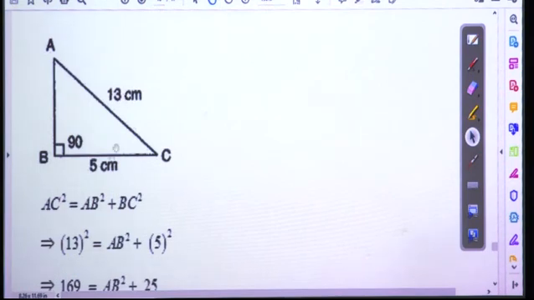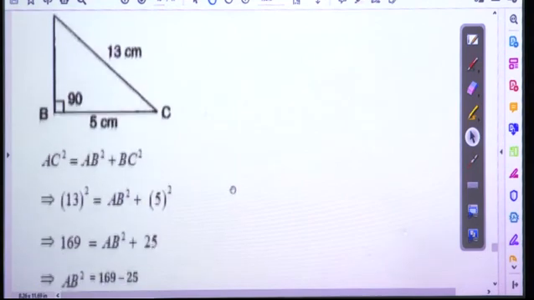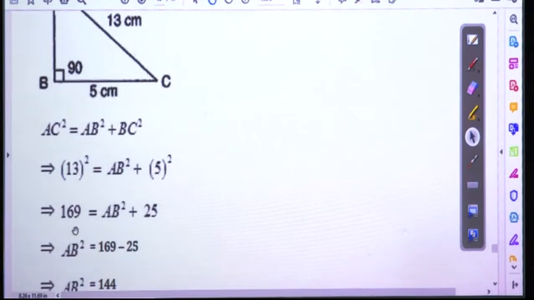So, the AC value is 13, that is 13 square we have written here, is equal to AB square, we have to find the value of AB, and the BC value is 5 and we have written its square. 13 square is 169, AB square we have to calculate, and 5 square is 25. Now, as we have studied in equations in one variable, we are taking this value on the other side.